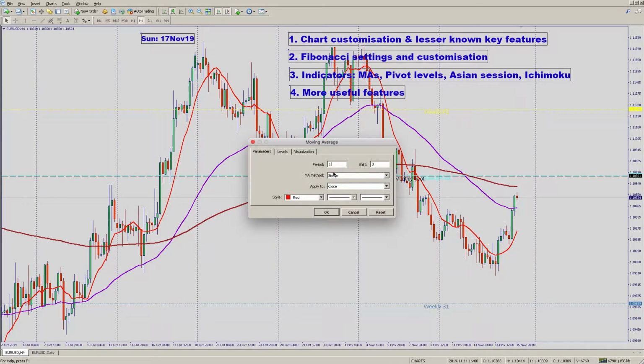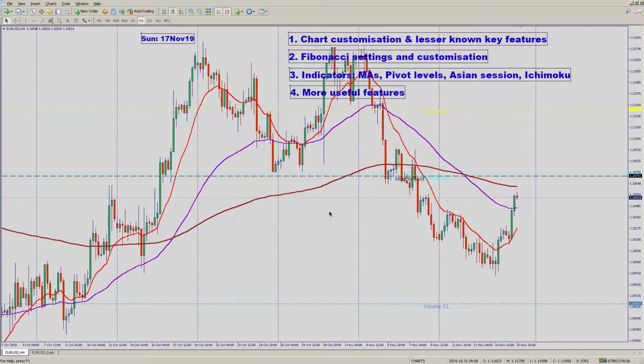Let's just change this to the 14 EMA, and you'll see that it is equivalent to the 1 hour 55 EMA, and that's acting as dynamic resistance and blocking the price as it goes down until it turns back up.